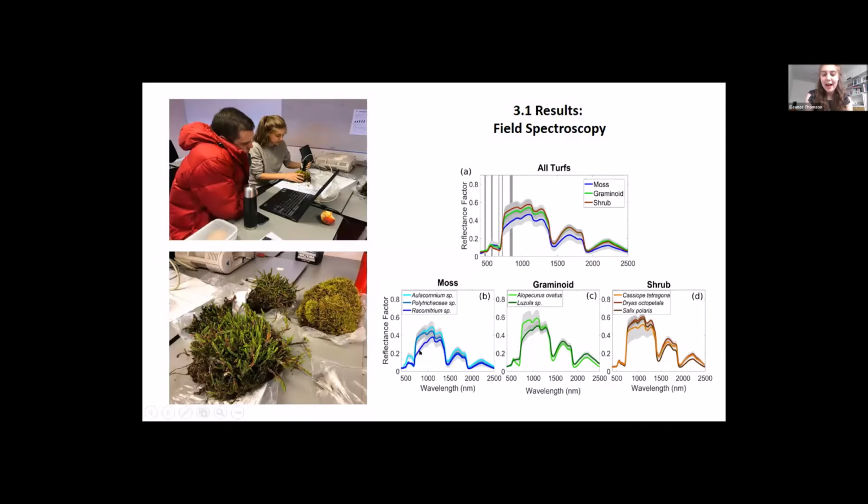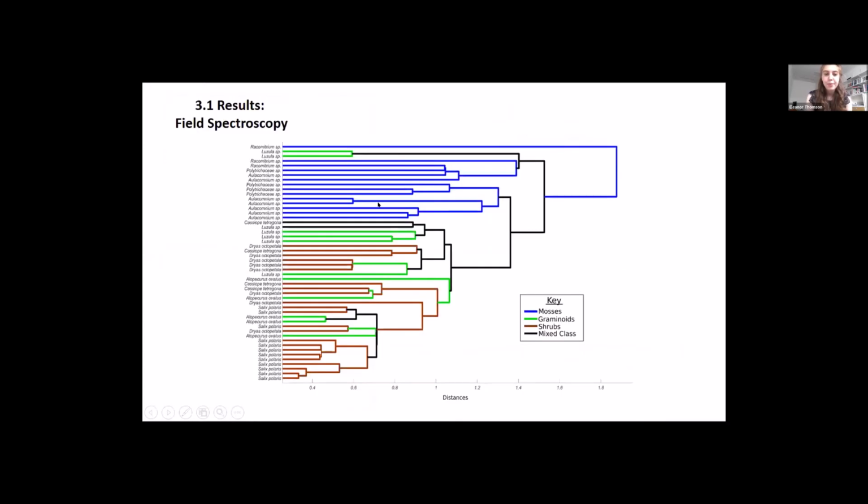And then here at the species level as well, we can see, especially with the mosses and the graminoids, we have some quite clear spectral differences between the different species, which also gives us confidence that we can distinguish between these different species later on. Interestingly, there was maybe a little bit less difference between the shrubs in their spectral curves here.